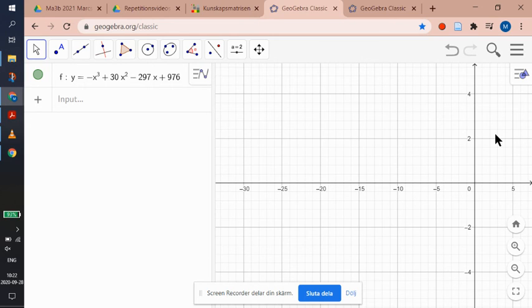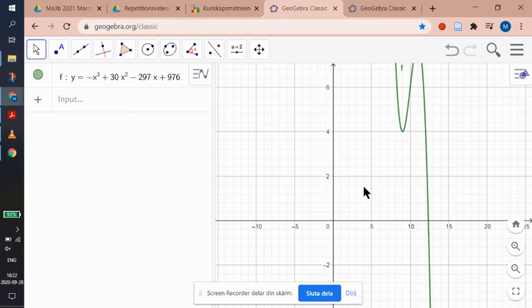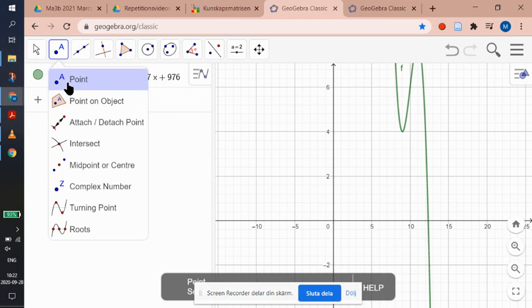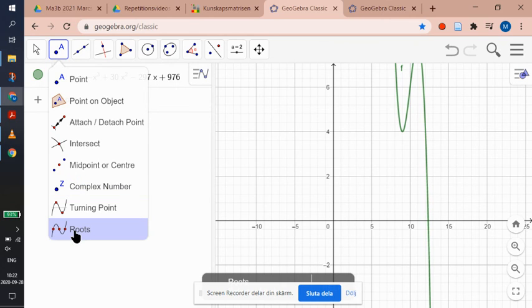Okay. Now to find the zero for this function, so that was my response to part A. To find the zero of this function, we just need to find the value where the graph intersects the x-axis. So on your calculators, you have this zero function.